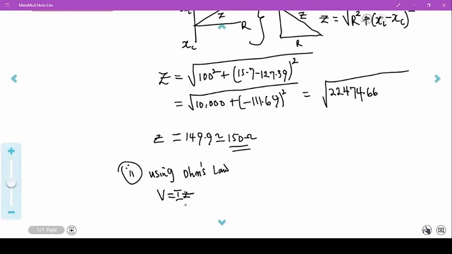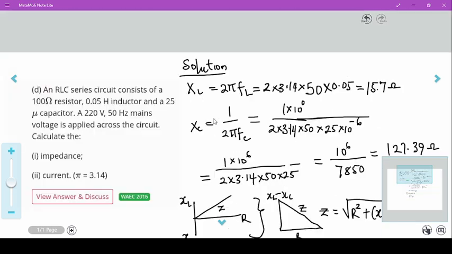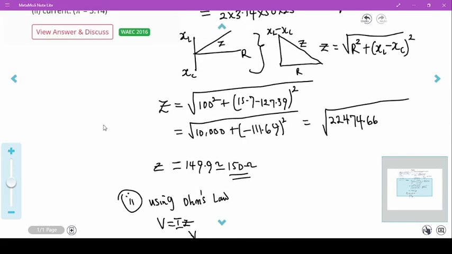Making I the subject of the formula entails that you divide through by Z, of which I, being the current, is now equal to V divided by Z. We are given the value of our voltage here, which happens to be 220.